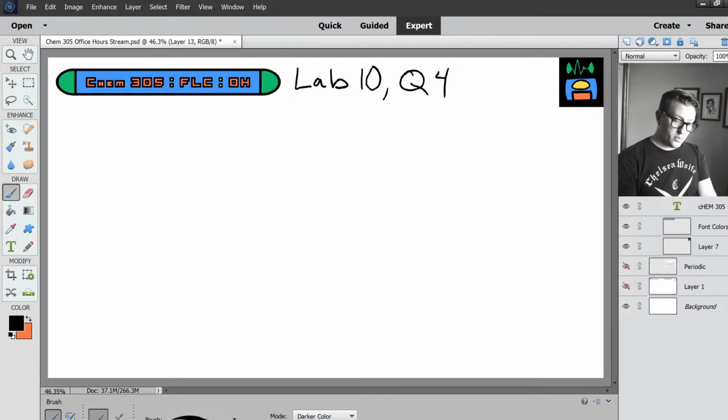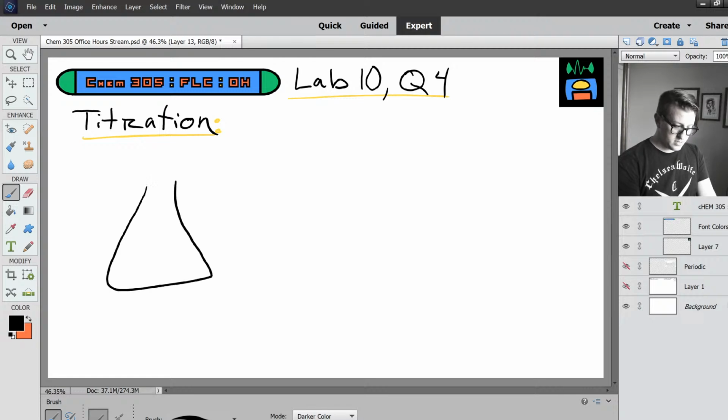All right, so remember here we're doing a titration. We're doing a titration, and the Erlenmeyer flask is the thing that holds the analyte.